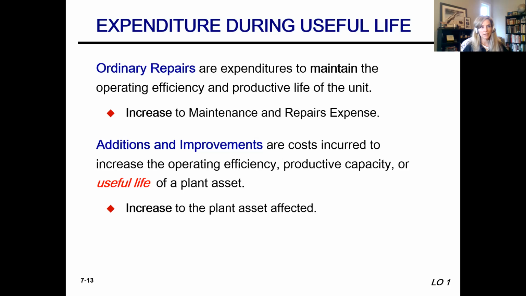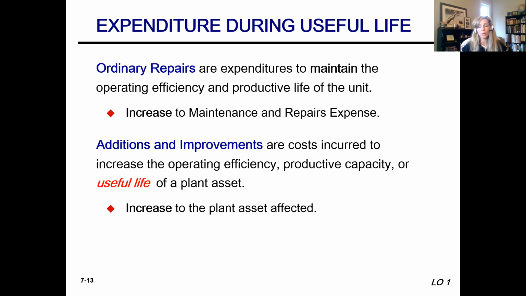If the tree had landed across the building and took out most of the roof, then yes, you'd probably have to repair the entire roof or the side of the building. So materiality plays a big part in this. If we replace an entire roof, that does extend the useful life of that asset.